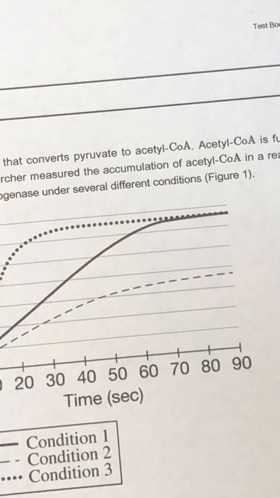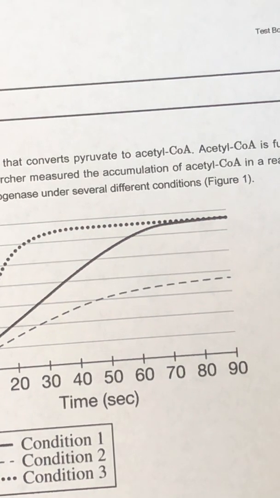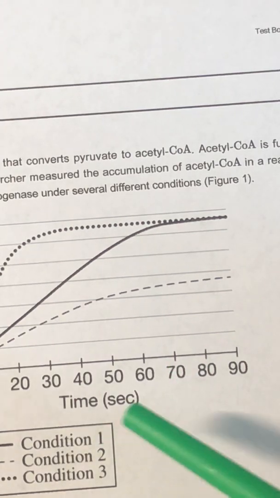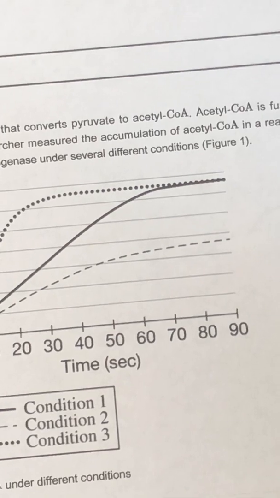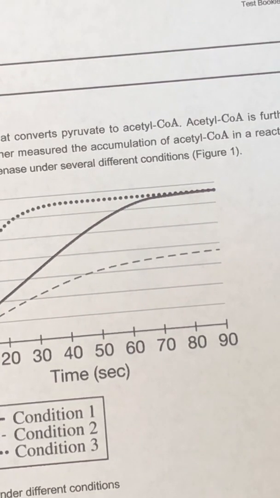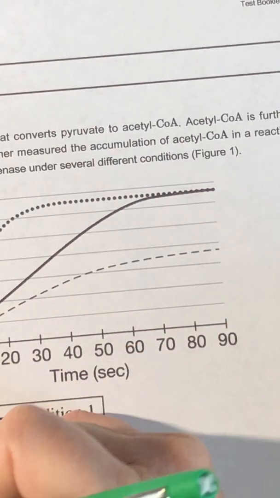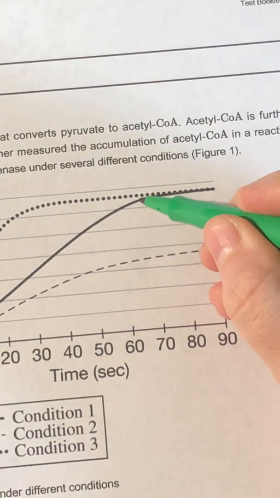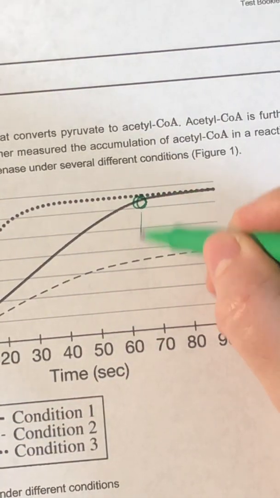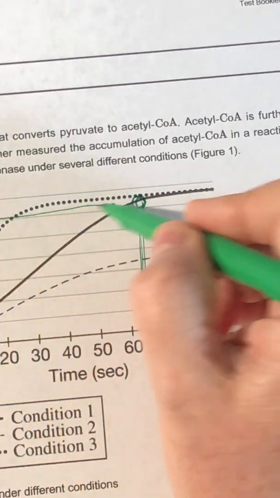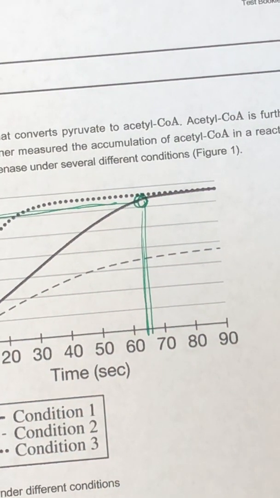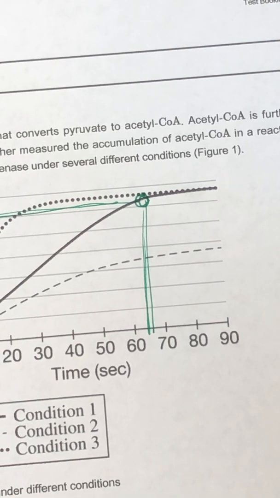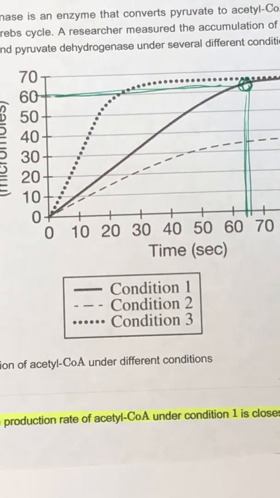It says the maximum production rate of acetyl-CoA under condition 1, so that's your solid line, is closest to which of the following? Now, the solid line kind of maxes out, so the maximum production, we're going to say around about here, so on average, right in this zone. Now, that's going to tempt a lot of you to put 65 micromoles per second.